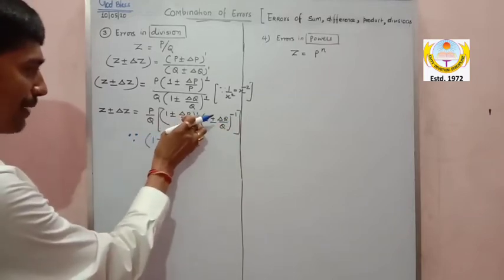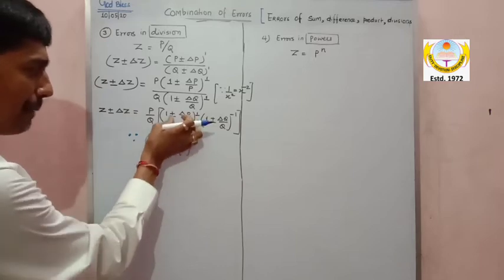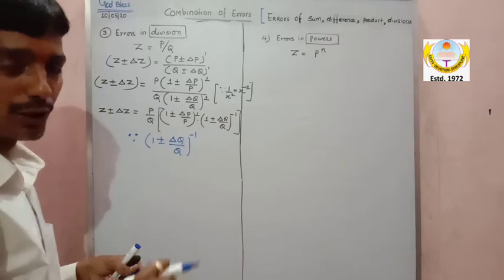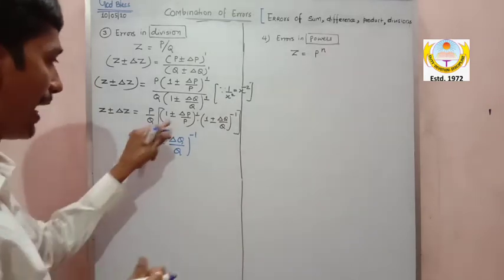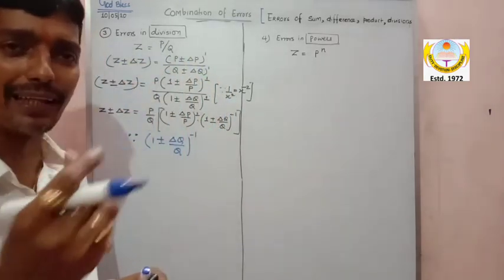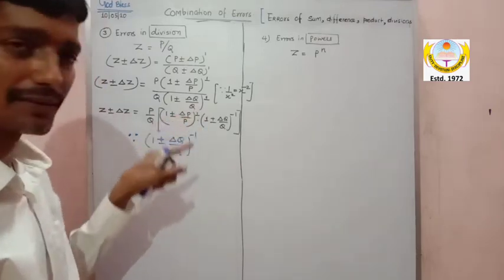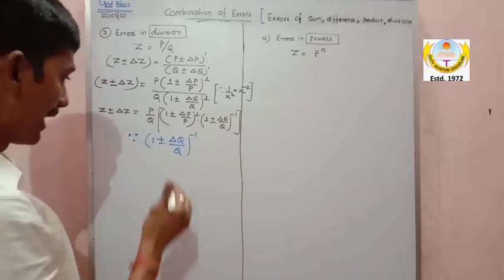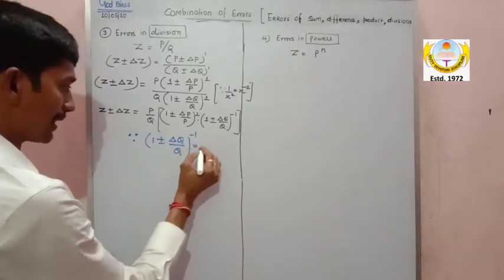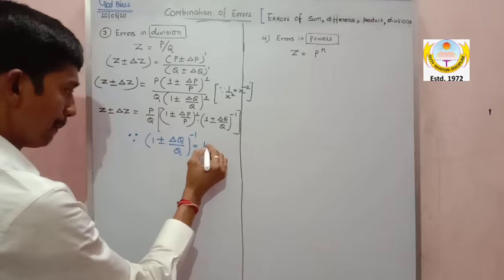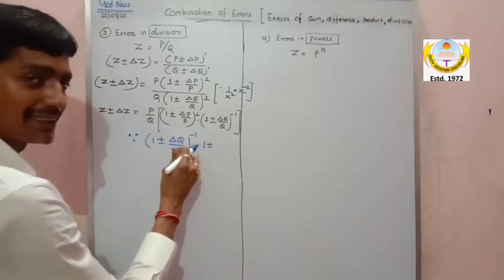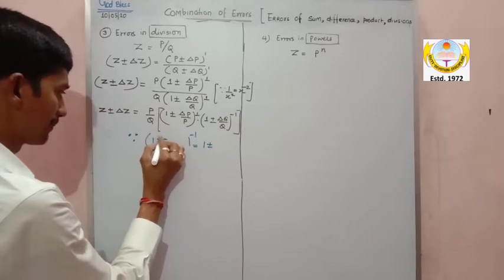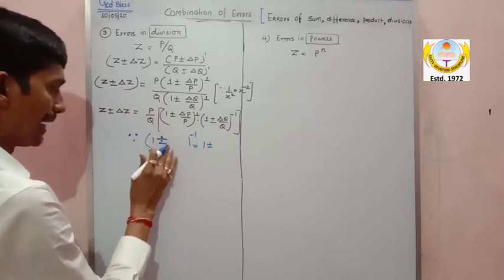Because here it is power 1, everybody understood the answer will remain the same, because if it is x power 1, the answer is x only. That is not an issue. The issue is power minus 1. So here there is one concept, and I write the formula here: 1 plus minus x.